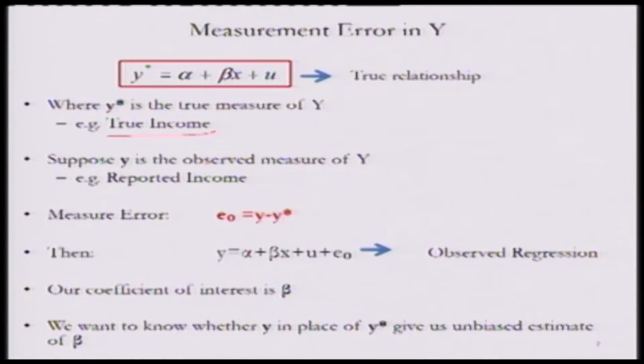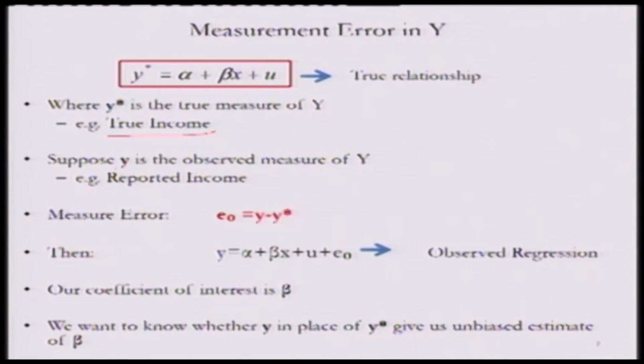When we ask individuals about their income, it is difficult for most individuals to understand how much they have earned in the previous year by adding up all their salaries, their interest incomes, maybe rental incomes and so on. And it is even more difficult if a person is self-employed, for instance. It is very difficult to come up with one true number for income. So, often the income variable has a lot of reporting error.